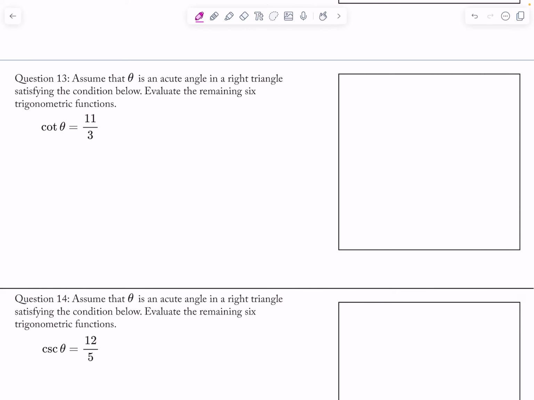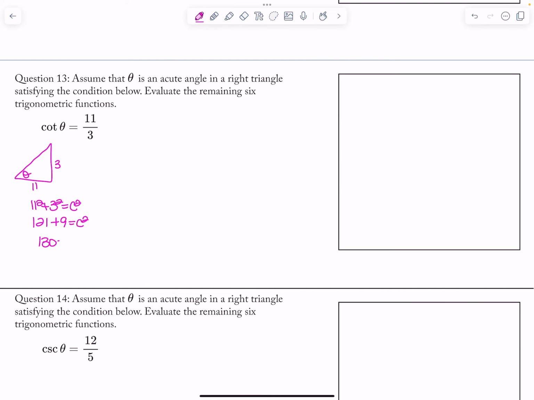All right, so let's look at this question. So my theta is here. It's adjacent over opposite. So 11 squared plus 3 squared is equal to c squared. 121 plus 9 is equal to c squared.